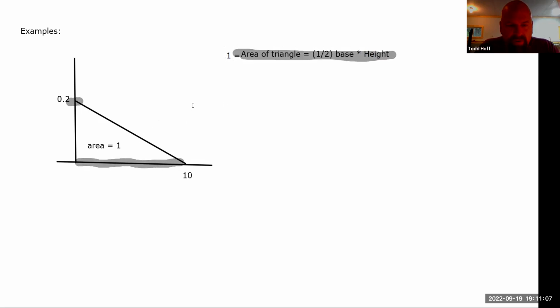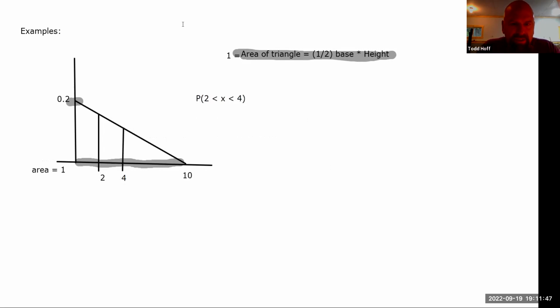So anyway, let's find the probability, assuming this is a linear top piece here, and this is a true triangle. If I want to find the probability that x is between 2 and 4, what I have to do is find the height of this at 2 and the height of it at 4, so that I can find the area.